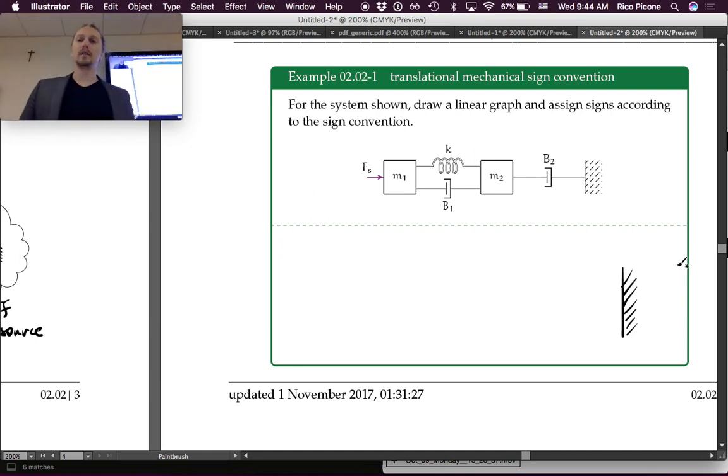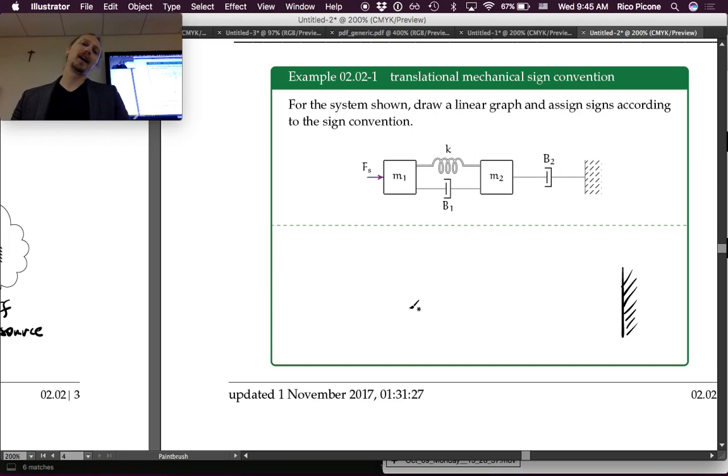What other nodes do we have? We always have the ground node. What other nodes do we have? Mass 1 and mass 2. Yeah, those are our other two distinct velocities, right? Mass 1 and mass 2. Now, there are different ways you can go with this graph.